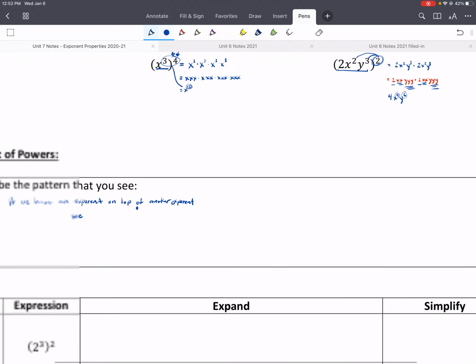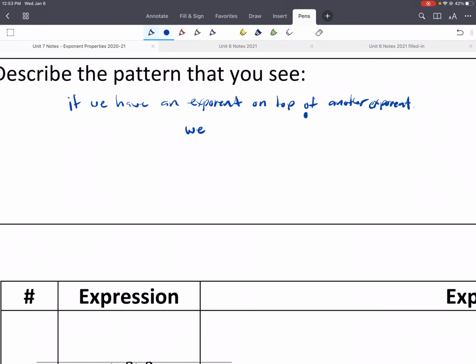So if we have a power to a power, an exponent on top of another exponent, we multiply the exponents. That's by words.